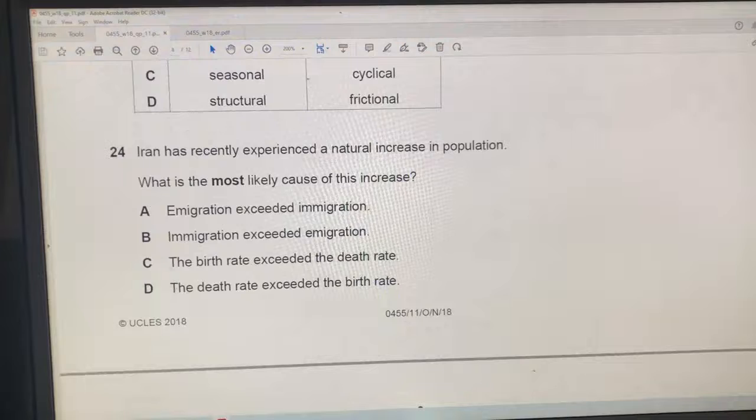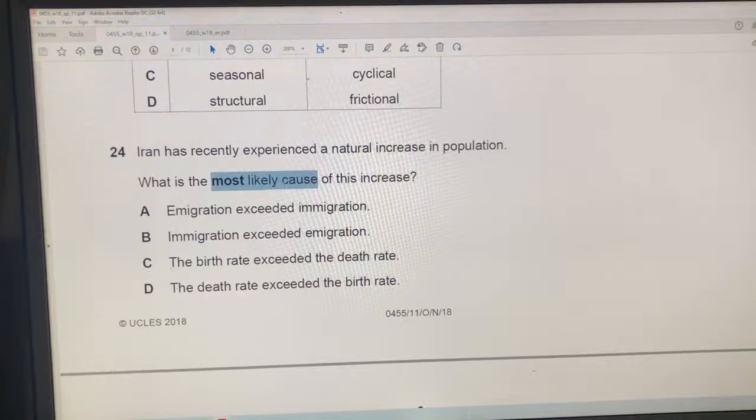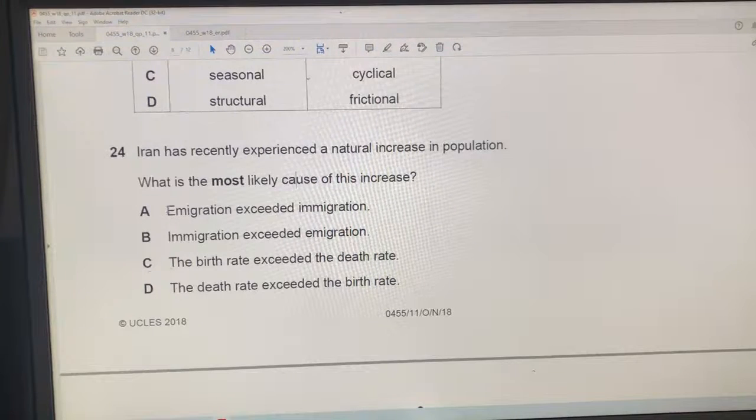For 24, it says Iran has recently experienced a natural increase in population. What is the most likely cause of this increase? Emigration exceeded immigration.